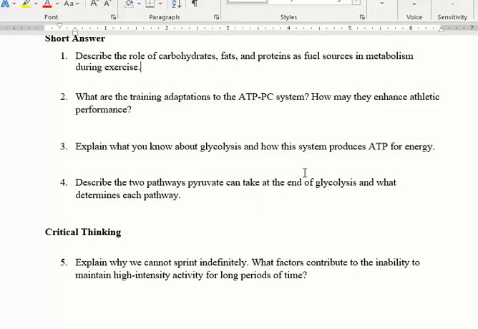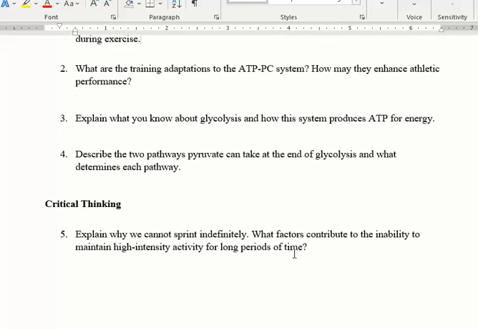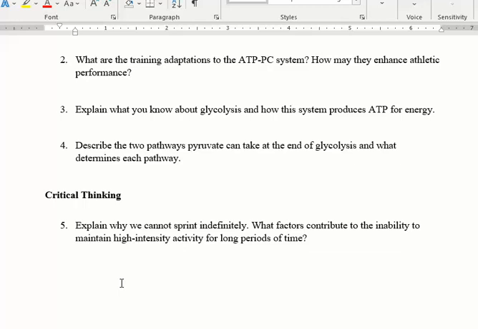Next is continuing with glycolysis. Read question 4 so you don't repeat the answer from number 3, so you can separate those. And then last is a critical thinking question. This isn't just giving information. It's taking a concept and putting it into your own words, and also explaining it using examples, either examples of your own or examples that I've given in class or in the lecture.